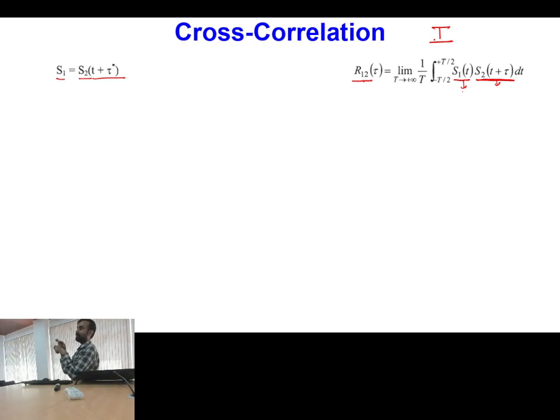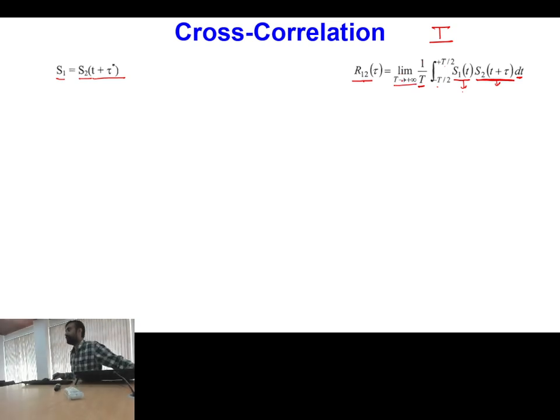Whenever we are measuring these signals at some instant, if you simply measure at one instant, then you will not get anything. You have to do the time averaging of that entire signal. So to do time averaging, we have done this integration from minus T by 2 to plus T by 2 over dt, and then 1 by T. One important point is the limit T approaches plus infinity.